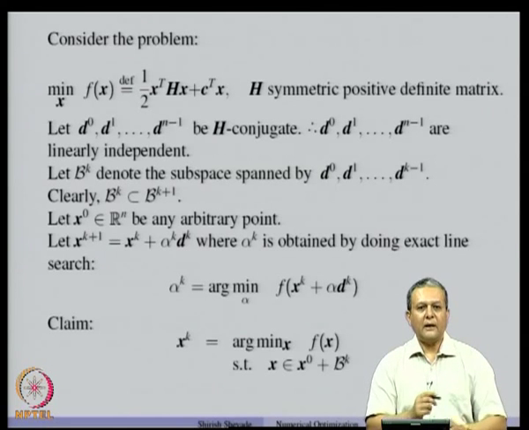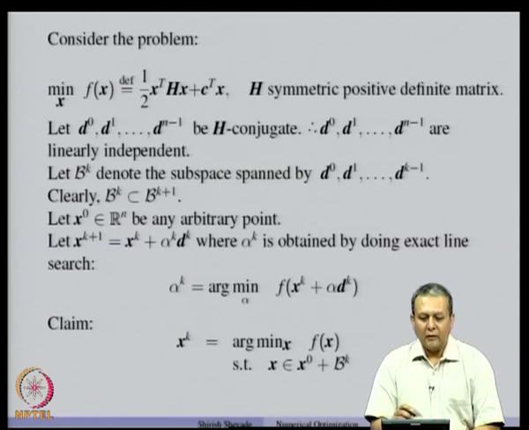Now, the claim is that the xk that we obtained by minimizing f(x) over the space which contains x0 and is spanned by d0 to dk minus 1, so xk is the minimum over this subspace.